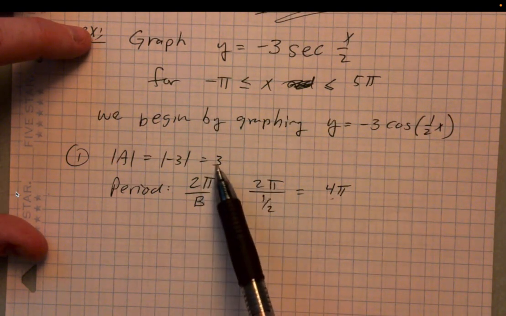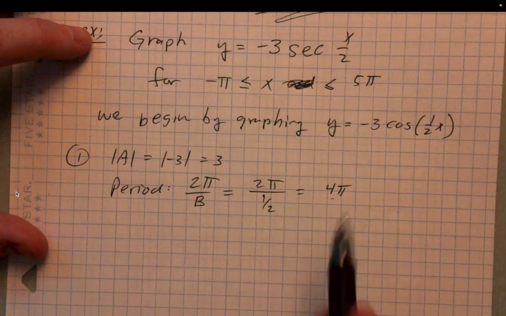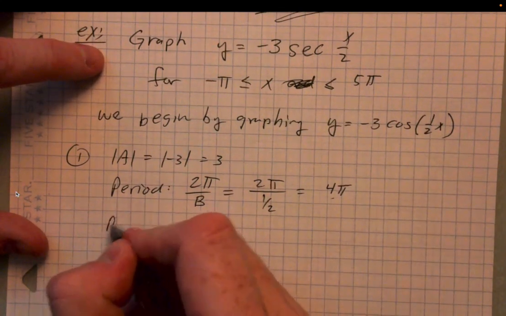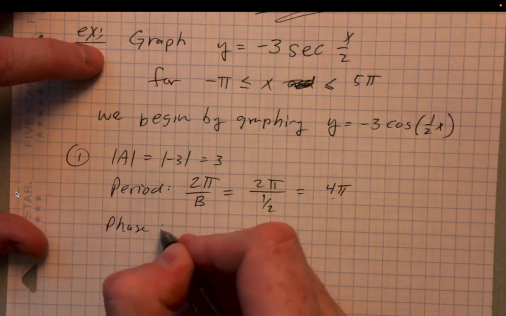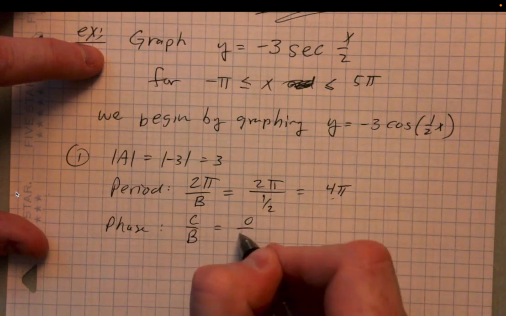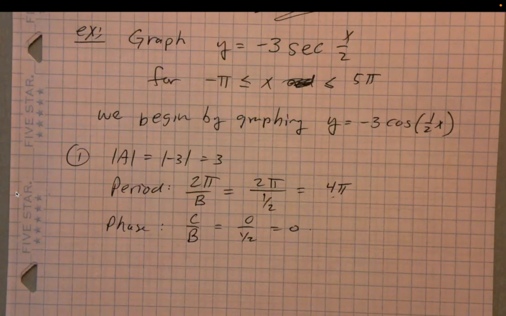Okay, and then there's no phase shift component because c is equal to 0. So the phase shift would be c over b, and in this case you've got 0 over 1/2 or 0. So there's no shift in the phase.